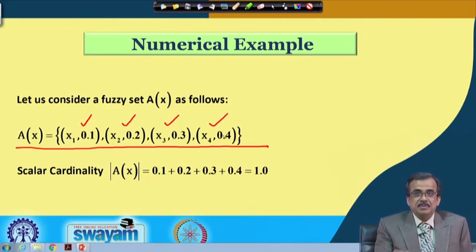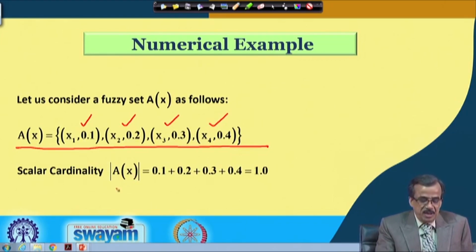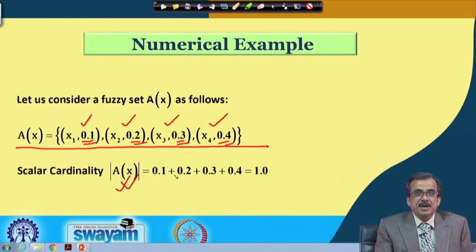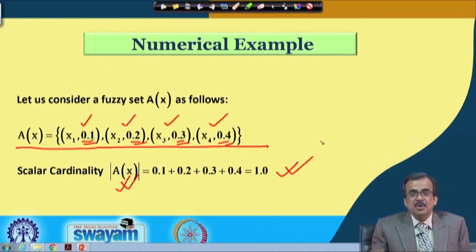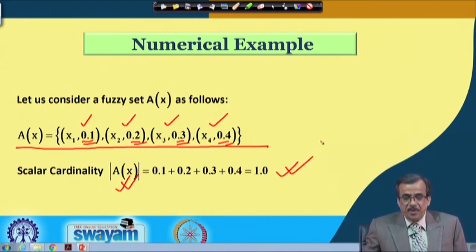This is a discrete fuzzy set. Its scalar cardinality is the sum of all the mu values. That means here we have 0.1 plus 0.2 plus 0.3 plus 0.4, and this is nothing but 1.0. So, 1.0 is the scalar cardinality of this fuzzy set A(x).